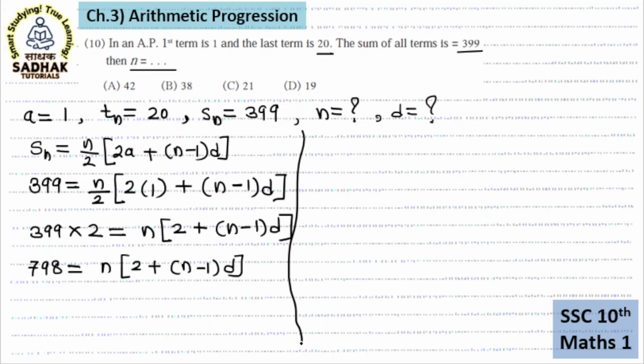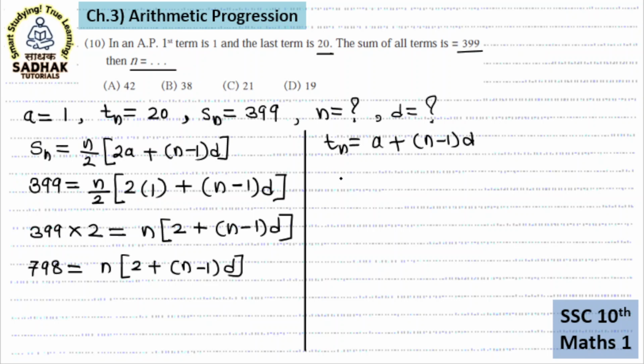Okay, fine. So the line has not come straight. Let us draw a straight line. Okay, fine. Now let us use the Tn formula. Tn is equal to a plus n minus 1 bracket close this d. So if we take this, then Tn, they are saying that the last term is 20.